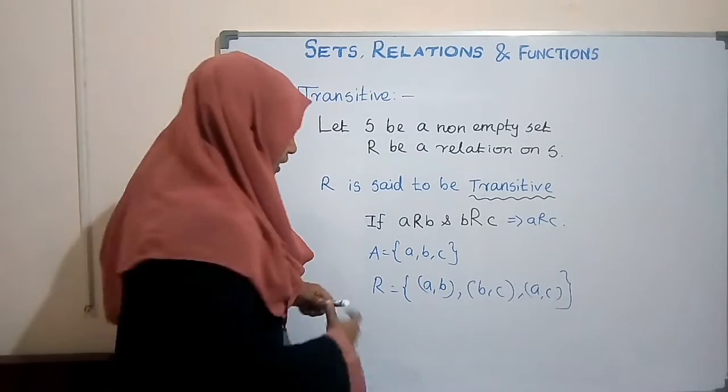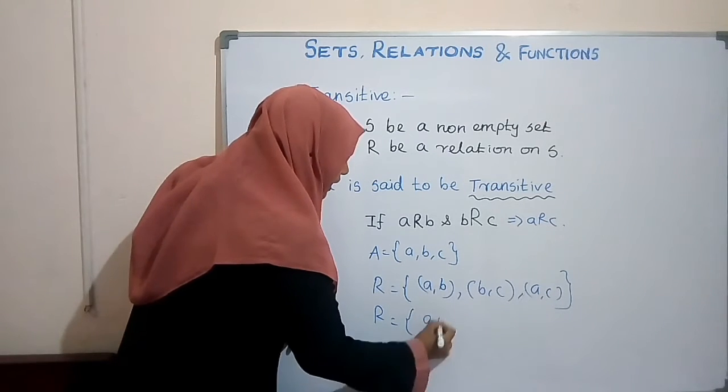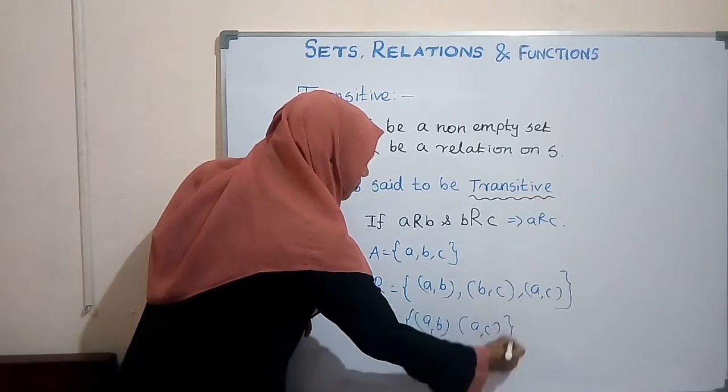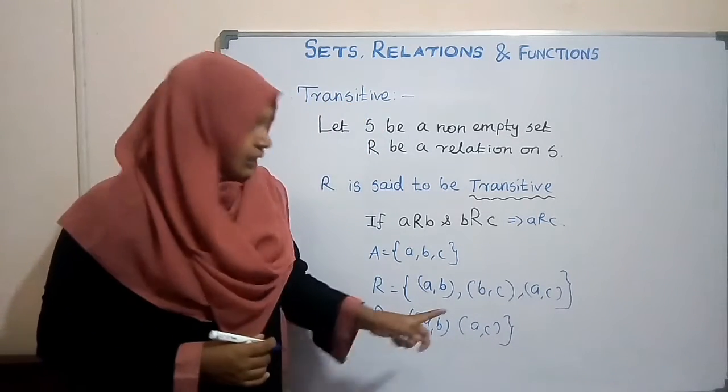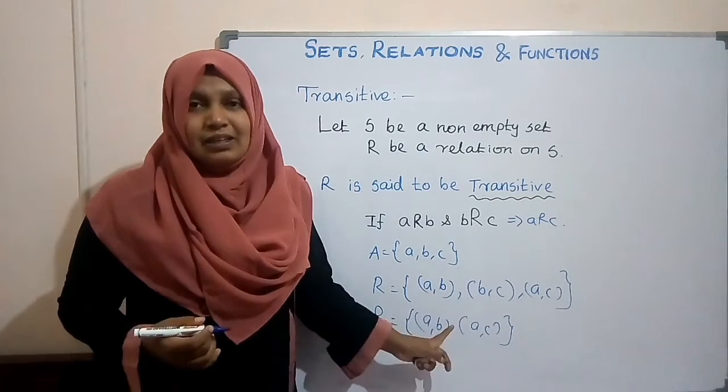Okay. See, and one more example I am saying, R is equal to A comma B and A comma C. See, here A comma B is there, but B comma C is not available.